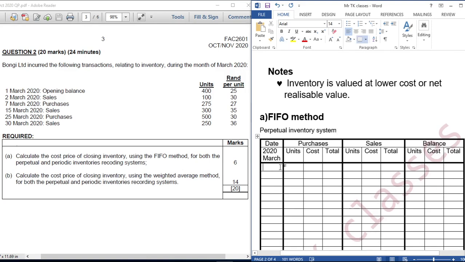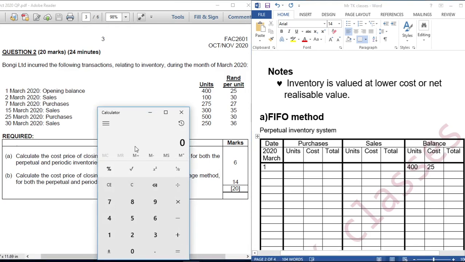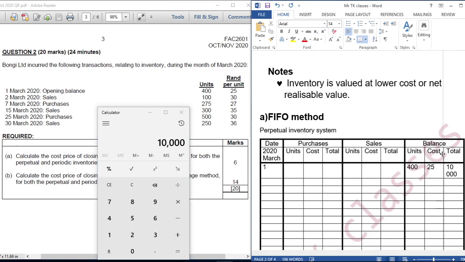So you realize that at the beginning, 2020 March 1, we had opening balance. Let us just go straight to the balance column. 400 multiplied by the cost rand per unit 25 is equals to 10,000.